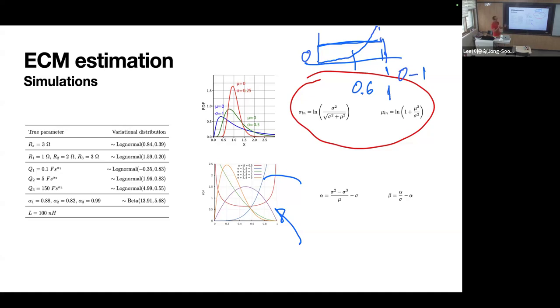You are not saying to the optimization procedure in any way, don't look outside. There is a small probability for the optimizer to try to see these values, but majority of the time it will concentrate here. And that is the way how we are actually imposing this stuff. And this is where we entered with the distributions, and at the same time with the initial values.